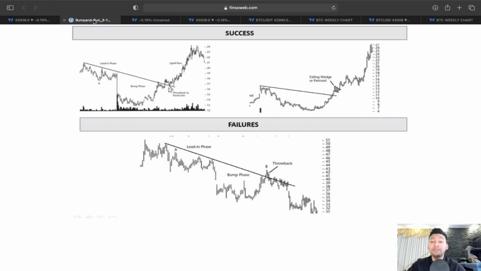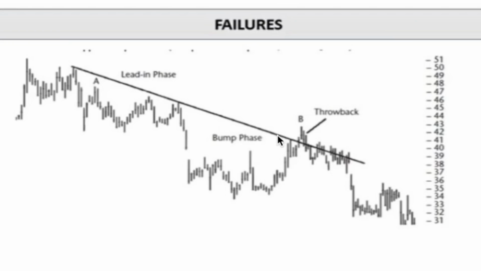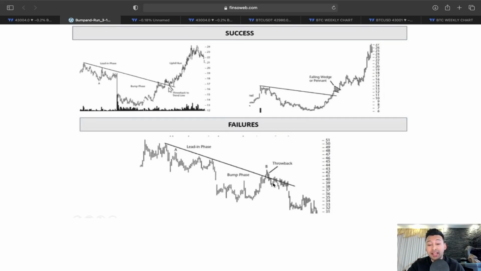And now if this is going to be a successful bump and run reversal, then this support must remain, because the support line which previously acted as a resistance should not lose the price support. If that happens, this will play more as a fake out and the price will start this downtrend.